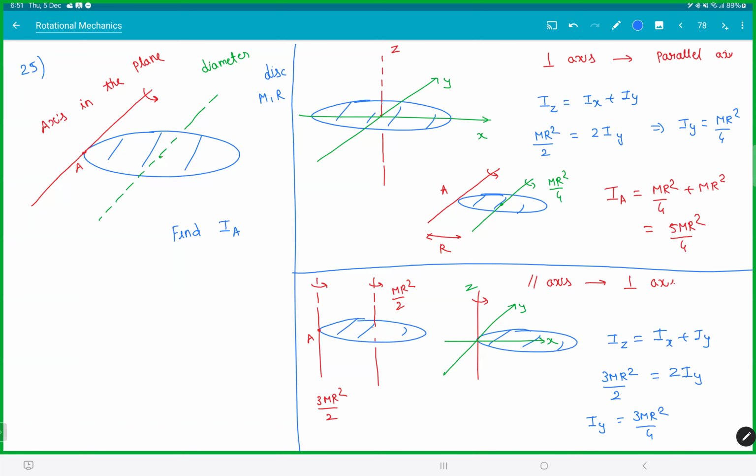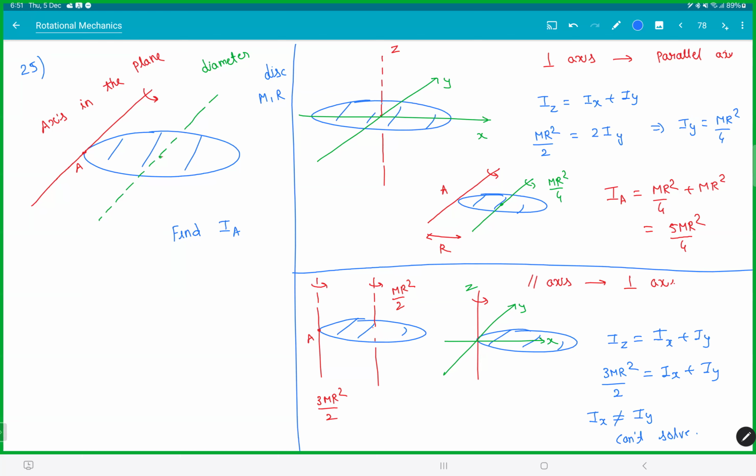Right, Ahana, right, Puruja. What do you guys think, others? What's the problem? There is no symmetry here. The statement is right. 3 Mr square by 2 is Ix plus Iy. Ix is not equal to Iy. I can't solve. So be careful.